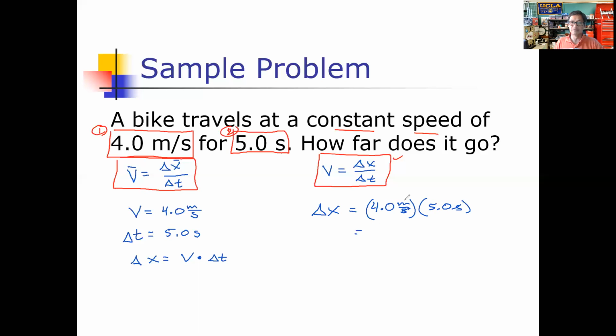We end up with the unit of length in meters, and so we end up with an answer that is going to be 20 meters. That's 2 significant figures for those of you who are familiar with it; for the rest of you, don't worry about significant figures right now. We got 2 significant figures here because we start out with 2 here and 2 here. You can write it in expanded form or in scientific notation to indicate the 2 significant figures. And so there it is.